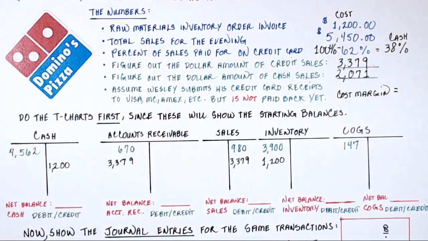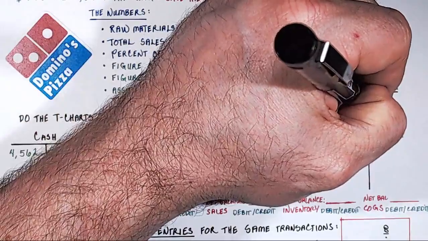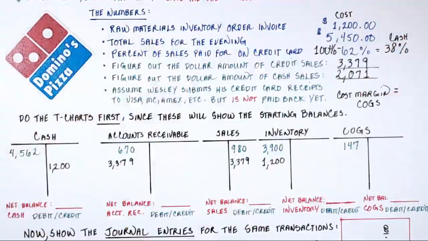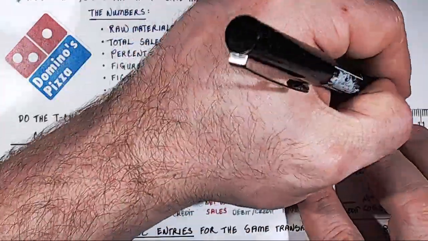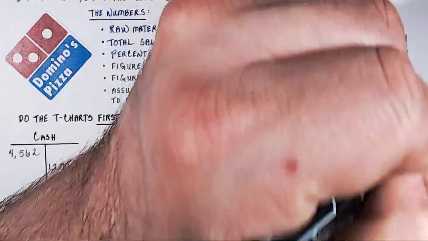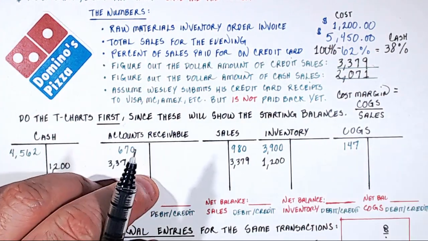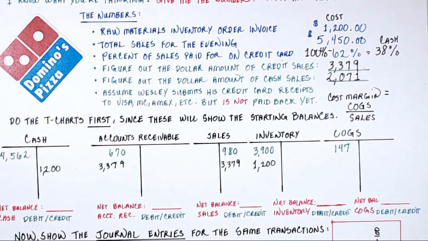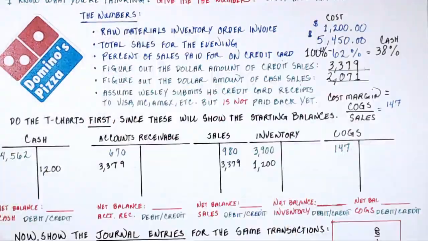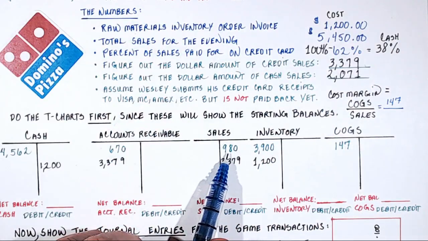Well, you have to think about what you're trying to find. The cost margin is equal to the cost of goods sold divided by sales. So what is the cost of goods sold divided by sales? We were given that the cost of goods sold was $147, and the existing sales starting balance was $980.